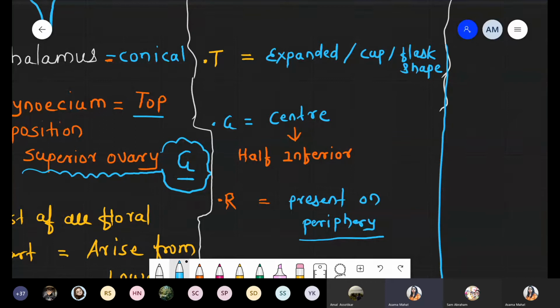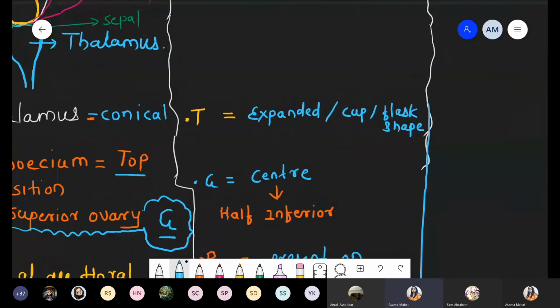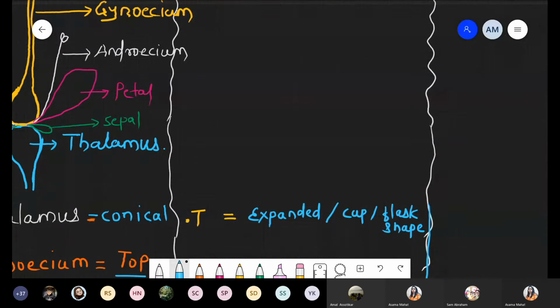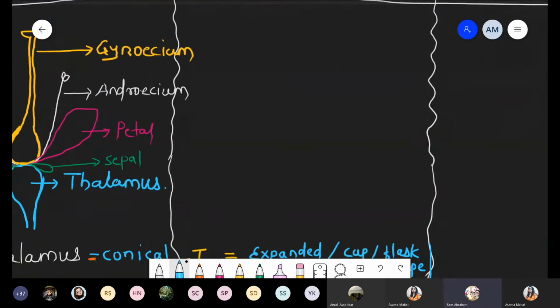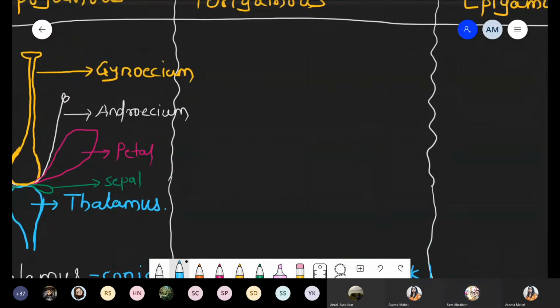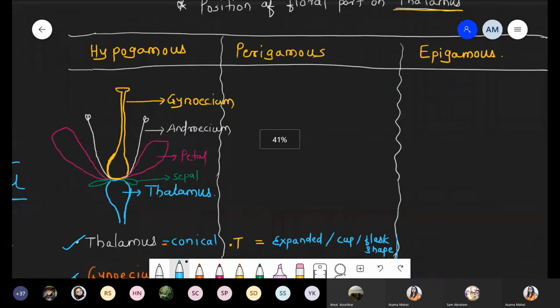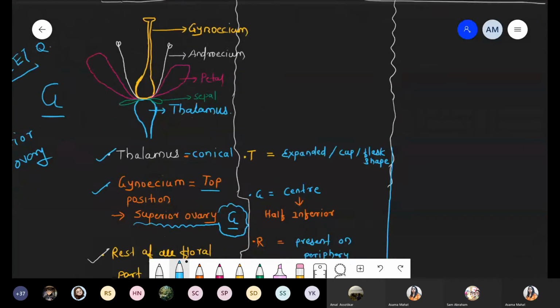So chalo, we have to add all this information in the diagram. First of all, we draw the expanded, cup shaped or flask shaped thalamus.